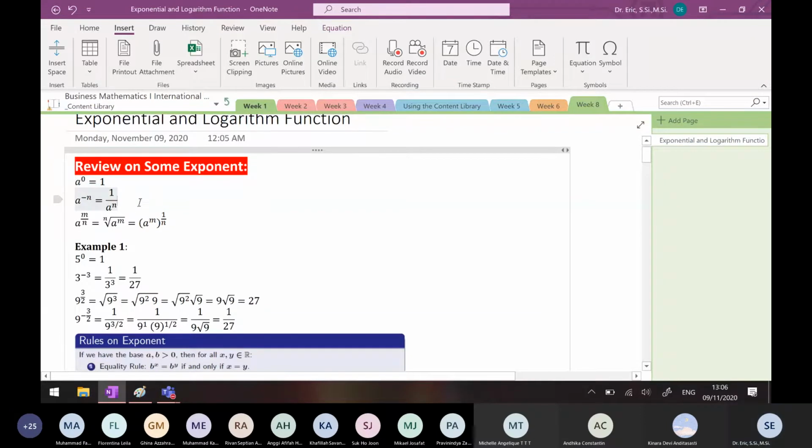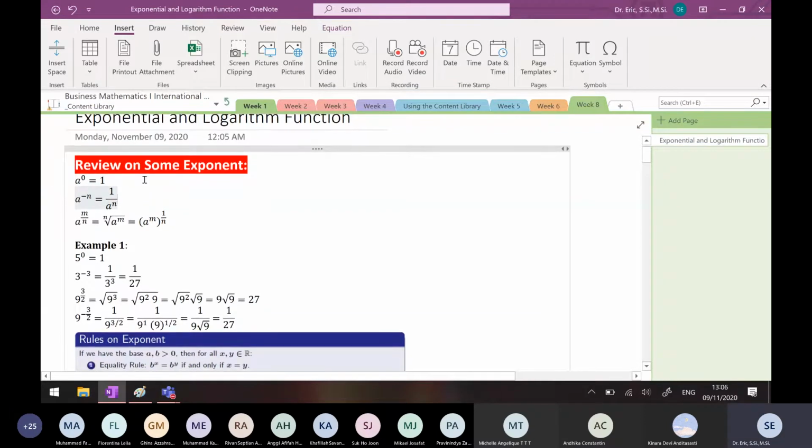Okay, let's start. The first one is a review of some exponent rules. If I have a, a real number, to the power of 0, it should be 1. I have given you the explanation in the video. The same if I have a to the minus n, this equals 1 over a to the n.